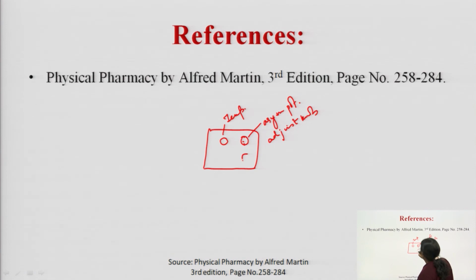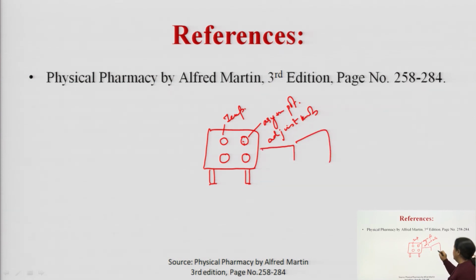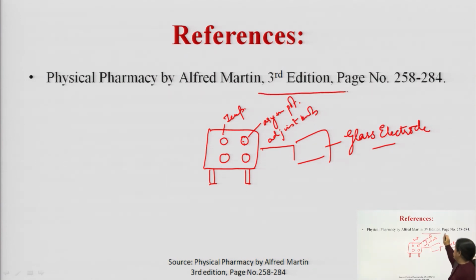Here we have standby and there is an on and off switch here, right. So, this is a pH meter, right. You must have seen it in your laboratories. This pH meter can be attached to a glass electrode or an indicator electrode, and the total cell is completed, right.